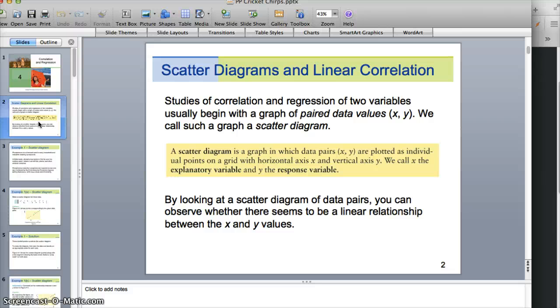A scatter diagram is a graph in which data pairs x and y are plotted as individual points on a grid with horizontal axis x and vertical axis y. We call x the explanatory variable and y the response variable. By looking at a scatter diagram of data pairs, you can observe whether there seems to be a relationship between the x and y values.